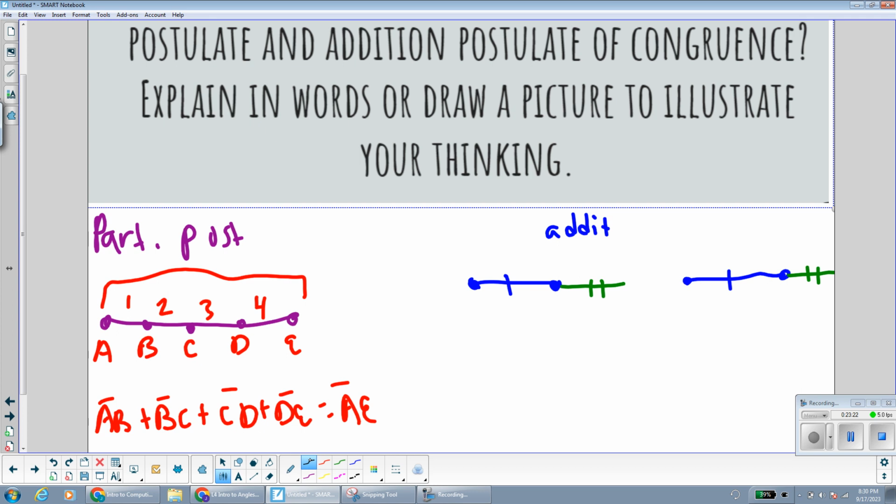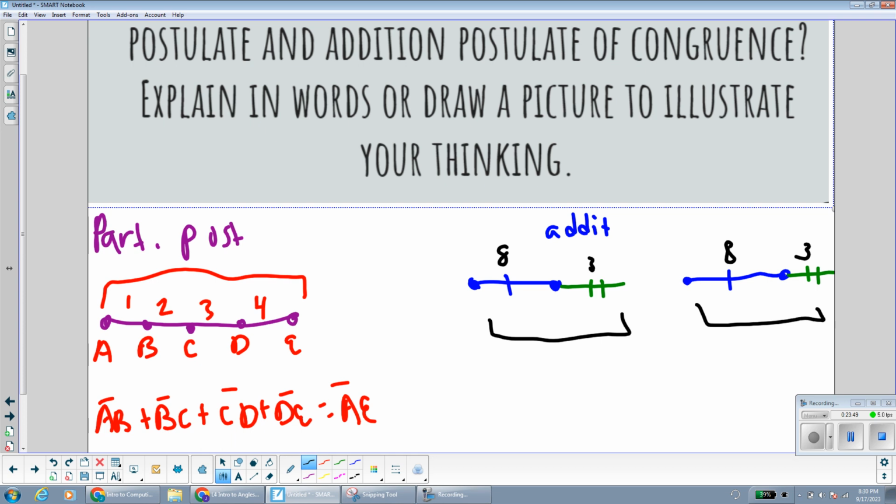Like our example that we saw, where this piece was 8 and this piece was 3. So the sum, the whole new line segments created, needed to also be congruent to each other because we're starting with congruent, and to each congruent line segment, we're adding on something congruent. So the result, the sum, when you add the parts together, needs to be congruent.